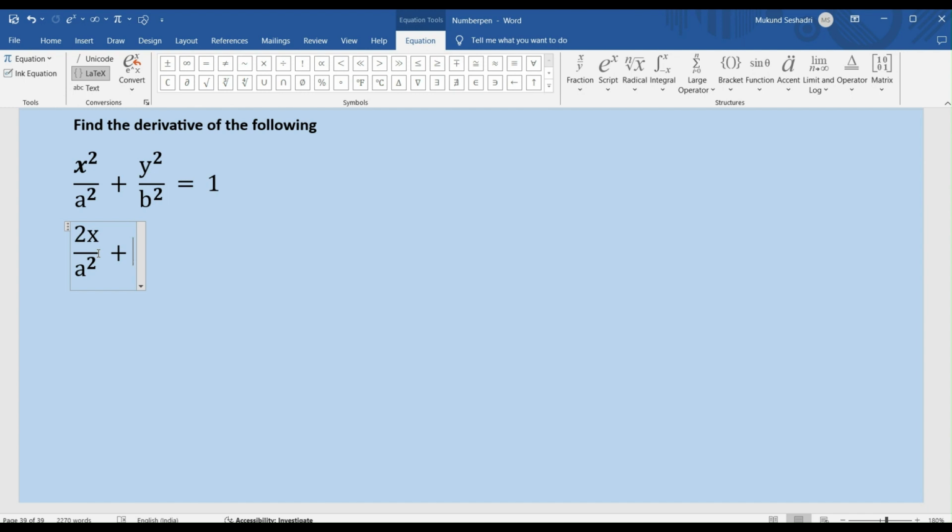And why is it? Just like when we do a differentiation of x square with respect to x, we know that it is 2x, right? Similarly, when we do a differentiation of y square with respect to the inner function y, it is nothing but 2y, right? But then when we apply the chain rule, we go ahead and differentiate the inner function with respect to x to complete the derivative of that particular expression.